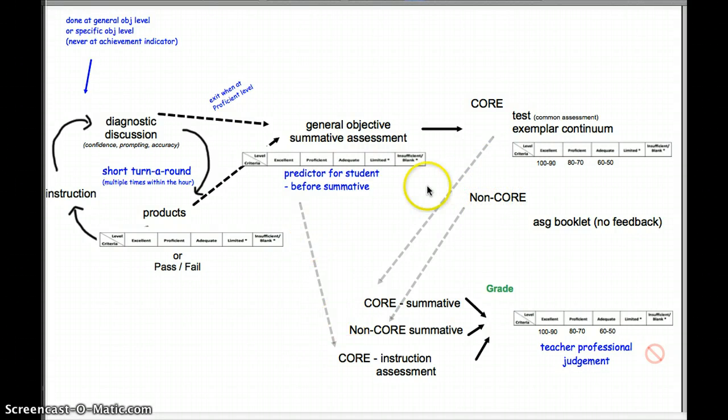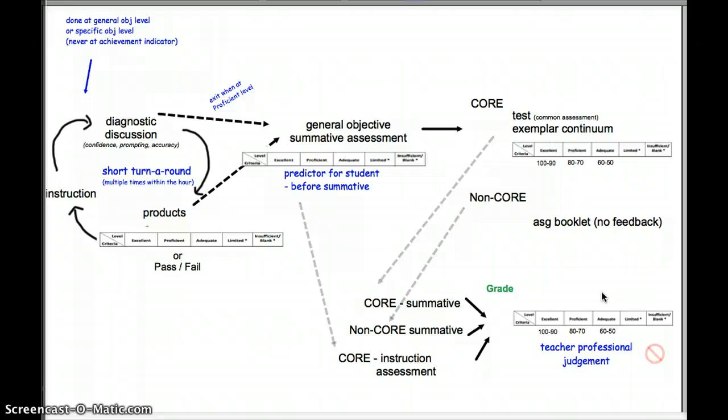We feed these three pieces of information: our teacher opinion based upon working with them in a formative way, our summative assessment evidence, and the summative assessment evidence of the non-core stuff. We've got those three pieces of information that we compile into a grade using our teacher professional judgment, using this rating scale as a guideline, knowing that we cannot be too precise in the awarding of those percentages.